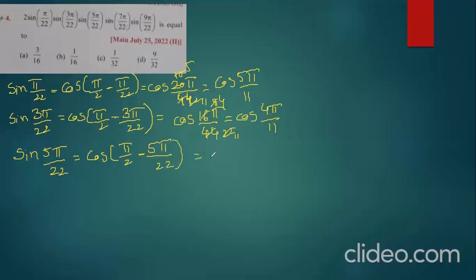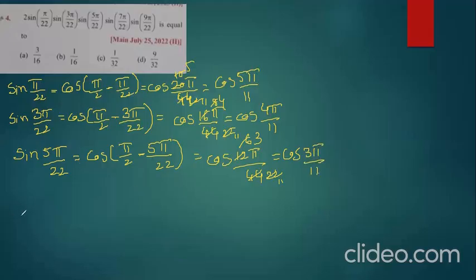That is equal to cos of 22 pi minus 10 pi, which is 12 pi by 44. 2 six times, 2 twenty-two times, 2 three times, and 2 eleven times. So cos 3 pi by 11. So cos 4 pi by 11, cos 3 pi by 11, like this we got.